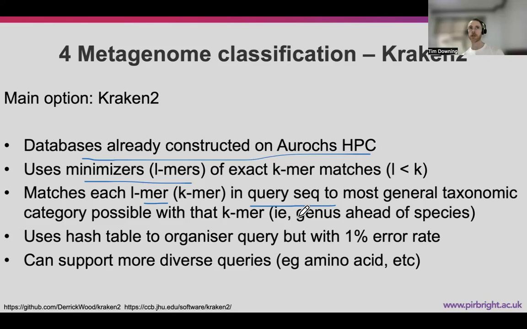The reads could have no hits, so they're unclassified, or multiple hits. The more hits they have, the more confident we can be that they're properly classified. We store these together by linking the minimizer matches and the lowest common ancestors in a single hash table. It does have an error rate because this is looking at fragments of the reads, not the whole reads, for computational efficiency, because this is a complex process.